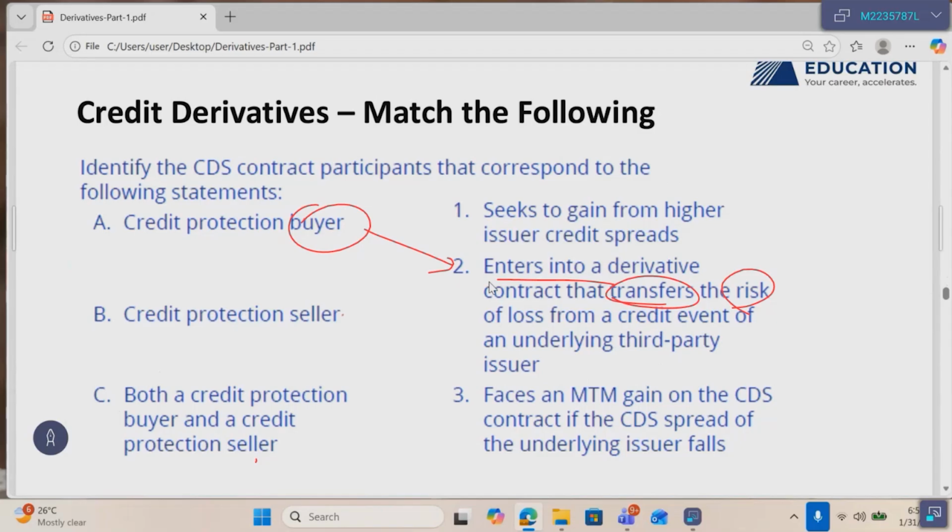And both of them are doing what? Think carefully now. The seller is the one who effectively faces, so the option is seeks to gain from a higher issuer credit spread. If the issuer has a wider credit spread, it means a default is likely to happen, correct?